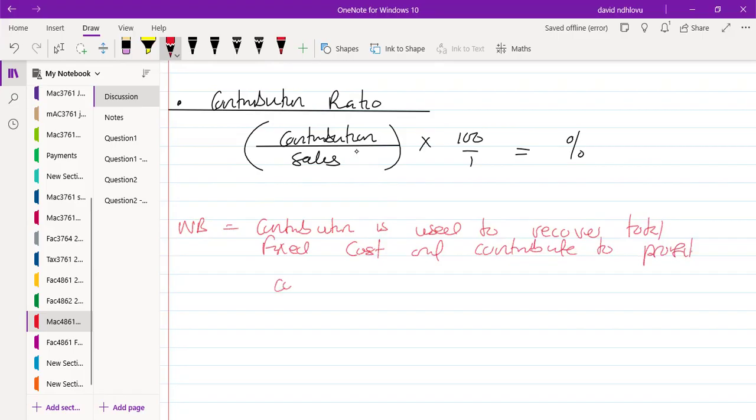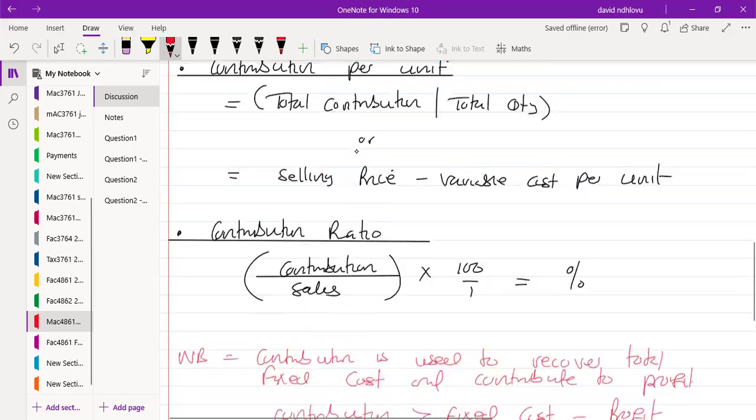So in other words, if your contribution exceeds fixed costs, it means as an entity, you will be able to attain a profit. And if your contribution is below the fixed cost, it simply means you are going to make a loss.